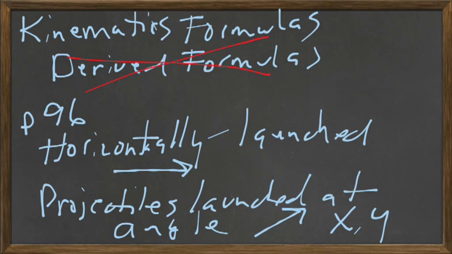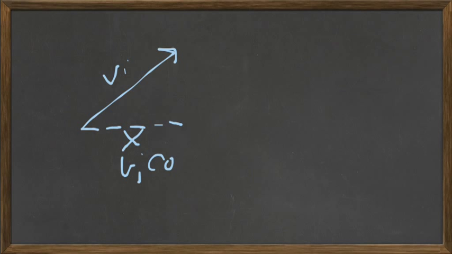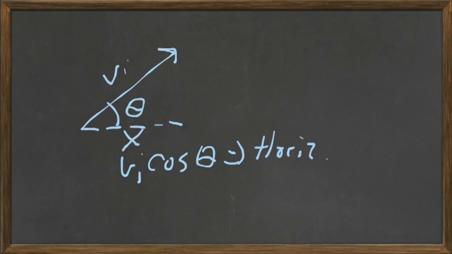When I'm dealing with those projectiles launched at an angle, that initial launch velocity, when you're working in problems, the x component of that velocity is used. And that'd be vi cosine theta. There's my angle. That's used for anything where I'm looking at the horizontal motion of the projectile.